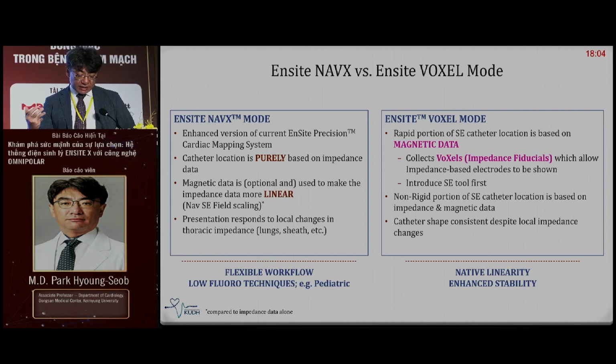When you use the NavX mode, the catheter shape sometimes dislocates and moves when the magnetic field changes. But when you use the Insight voxel mode, the catheter shape is very stable during the procedure, especially when you're doing ablation.